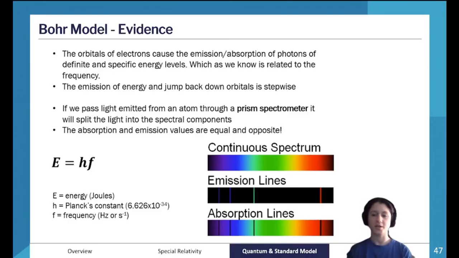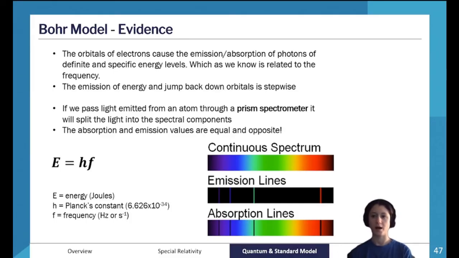And as you can see, it's only certain frequencies, and that's because in the Bohr model, the electrons are only orbiting at discrete orbitals, which means that when they emit energy, it's only discrete amounts of energy, all right? And the amount of energy of the light corresponds to the frequency and the color.